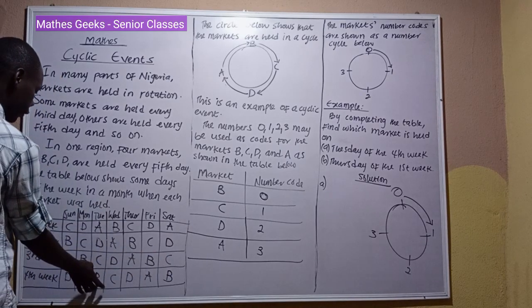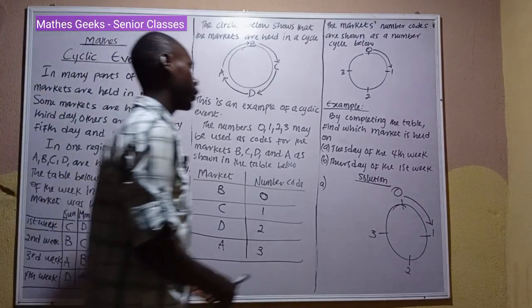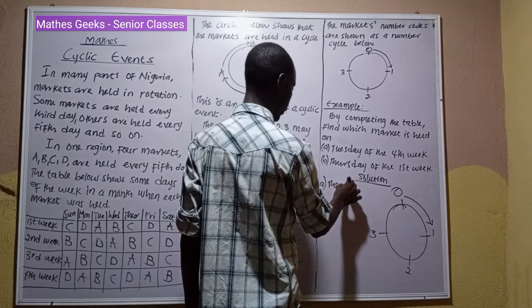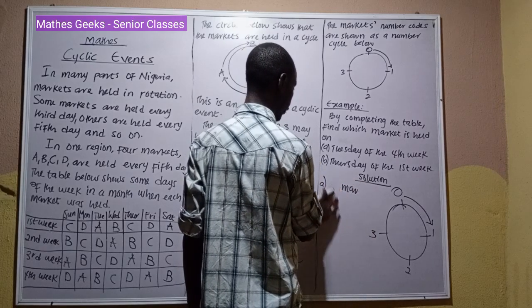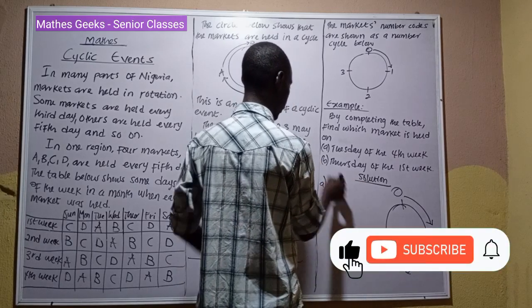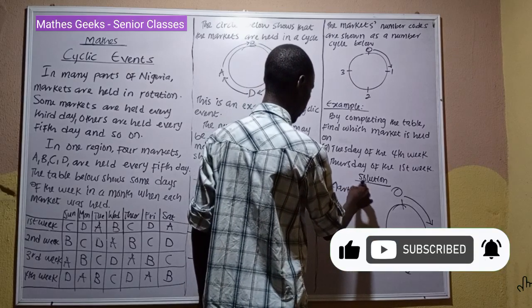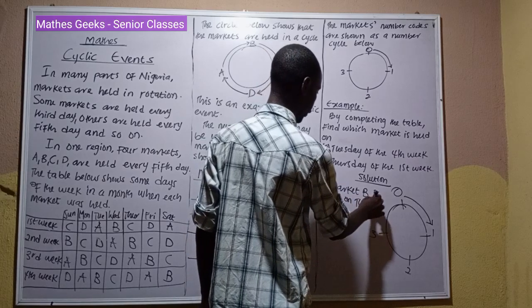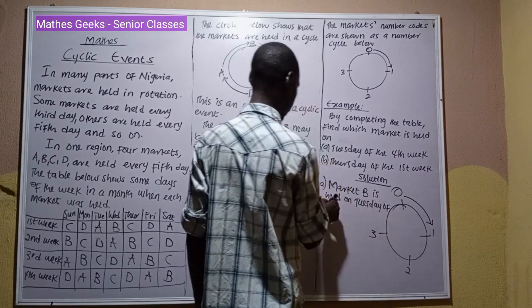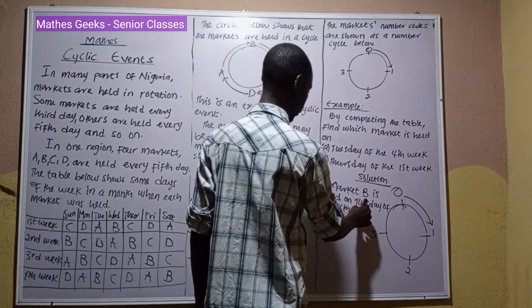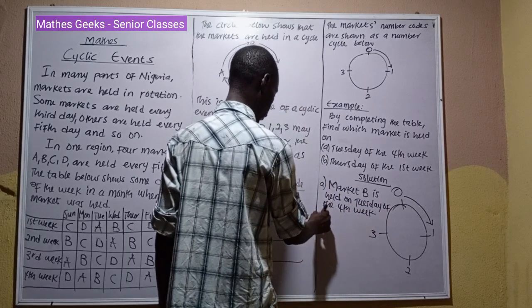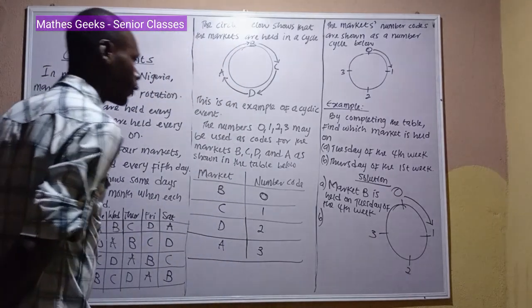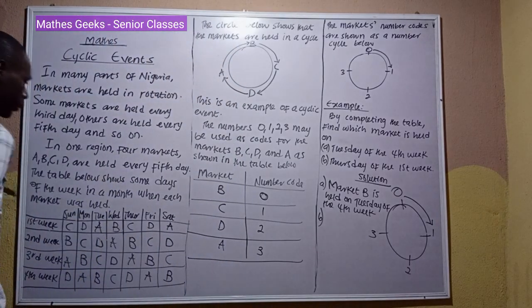Tuesday of that week is B. So market B is held on Tuesday of the fourth week. B, Thursday of the first week, is market C.